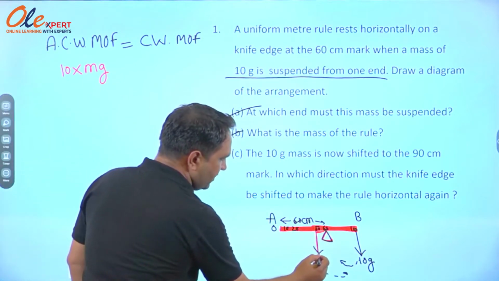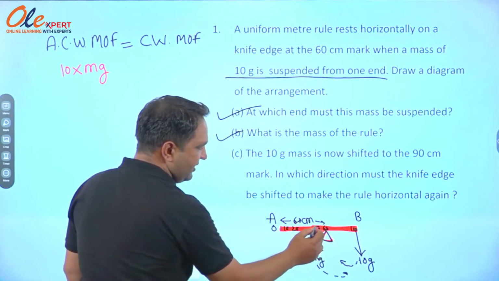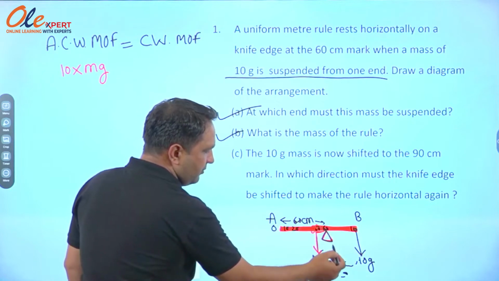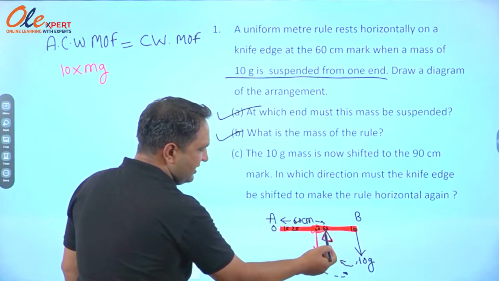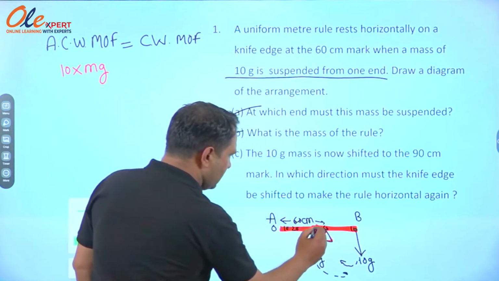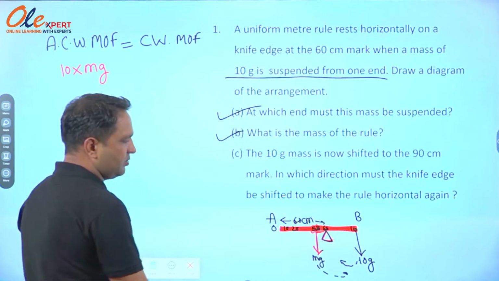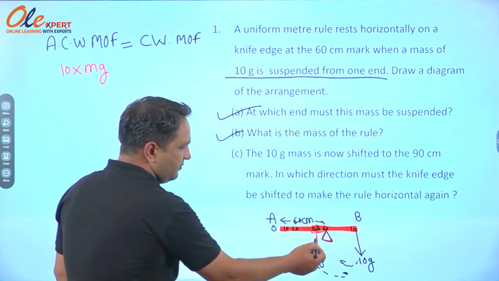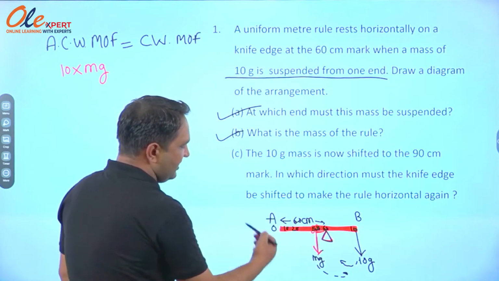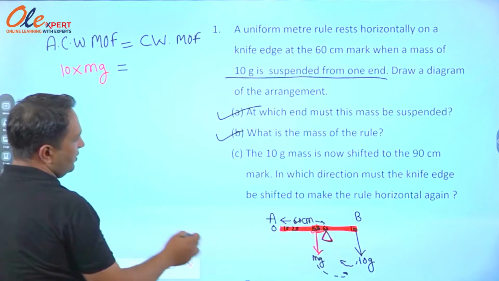The weight of the rule mg is at the midpoint, at the 50 centimeter mark, and the fulcrum is at the 60 centimeter mark. So the distance between these two will be 60 minus 50, 10 centimeter. So 10 into mg should be equal to the clockwise moment.